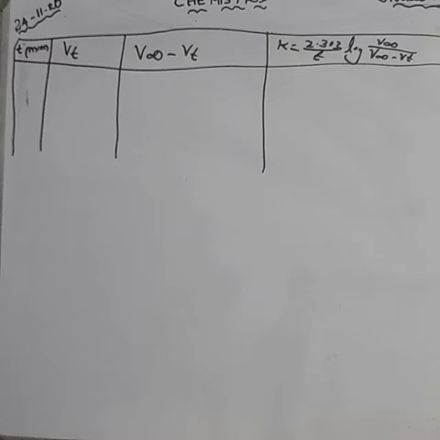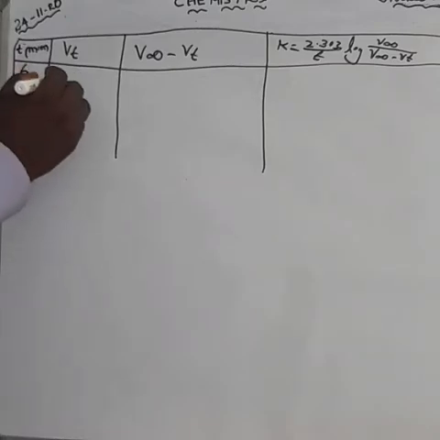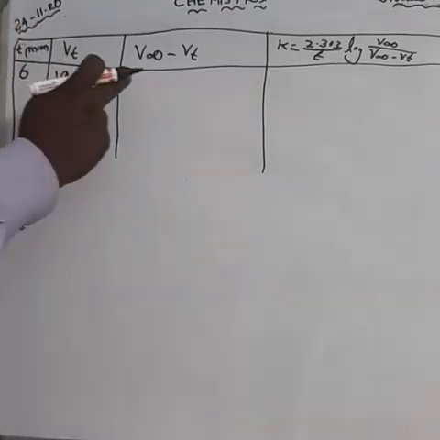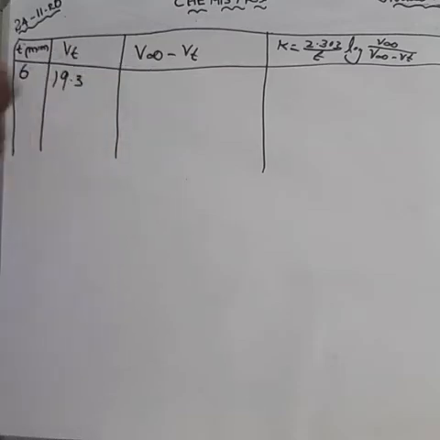That's the formula. As per the tabular column, the time t in minutes, the starting time is 6 minutes. Am I right? 6 minutes. Here, the volume of nitrogen in ml for 6 minutes is 19.3, as per the tabular column. Next, V infinity minus Vt.